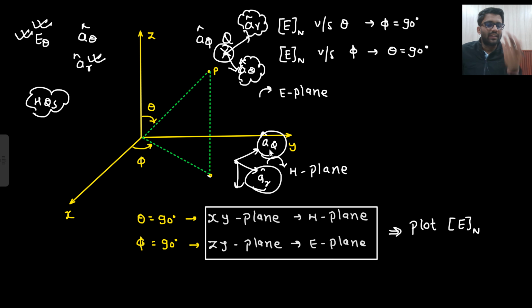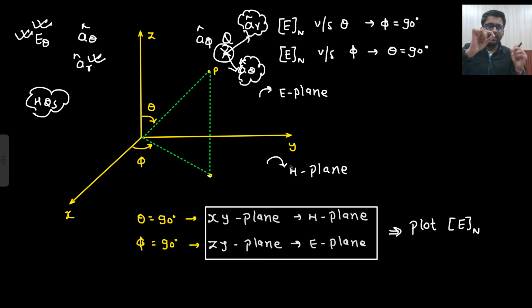So this is the reason that it is known as H plane and E plane. No one will ask you this, neither in an interview, nowhere it will be asked, but this is just a reason that I wanted to tell. So what is the reason? On H plane, on the XY plane, when you take any point there, you get the AR cap and you get A phi cap. So that means you are getting only the component of H field and the radiation direction.